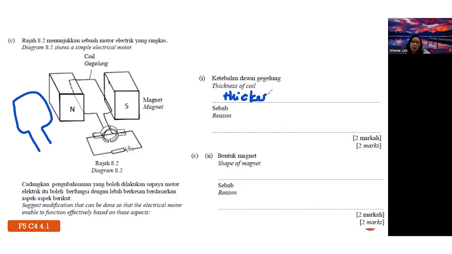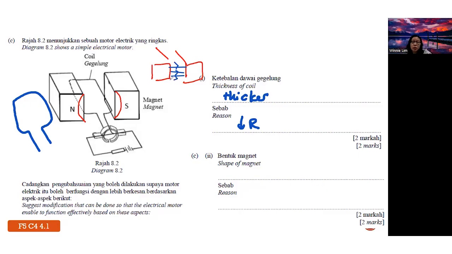Reason: low resistance. Then this magnet, what you see is a rectangular shape, right? Normally for the structure of a motor or even a generator, the magnet we use is supposed to be curved in shape. Because if it is rectangular like this, the field produced is parallel, just straight, north to south.